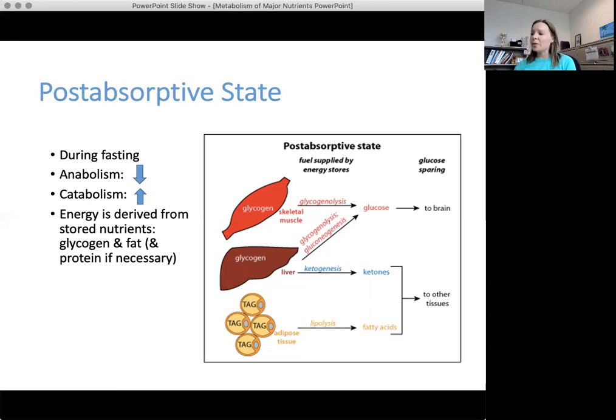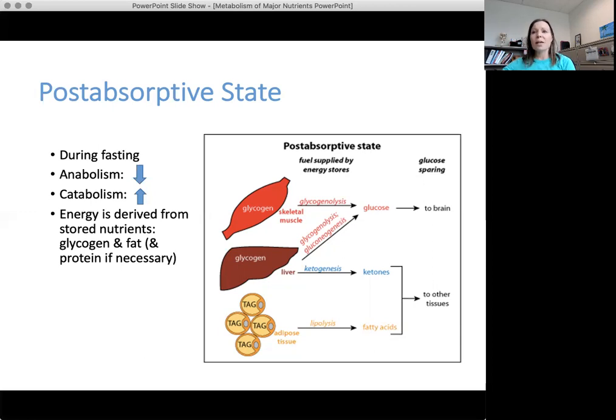Once that's used up, then the body will use fats for energy. So you have a huge store of fat, and your body is just going to use all the fat that's located in adipose tissue primarily. There's also a little bit in the liver if absolutely necessary. And then if really necessary, your body is then going to use protein for energy, only if it has to.